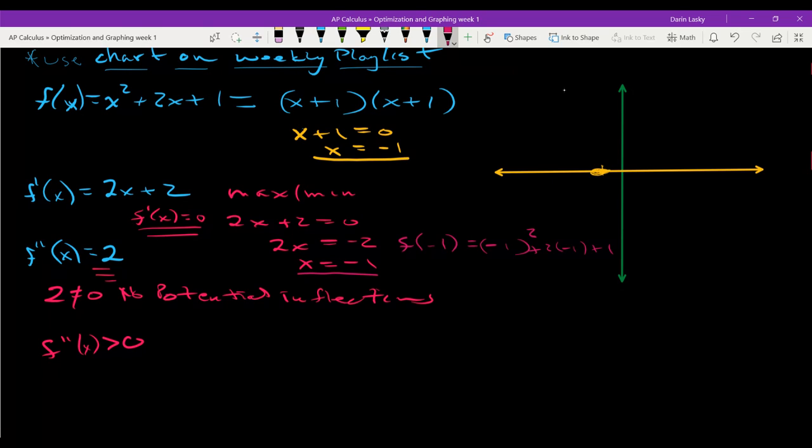So this is going to be +1. This is going to be +1. So +1 plus 1 is 2 minus 2. So at f of -1, it's 0. So at this particular point right here, when I plug in -1, I get 0. So right there is either going to be my maximum or minimum.